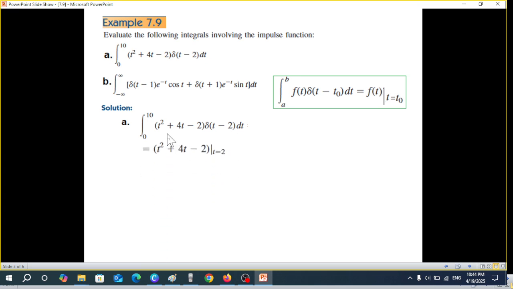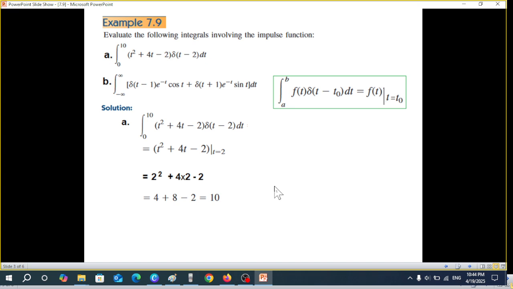So we put the value of t: 2 squared plus 4 into 2 minus 2. The answer is 4 plus 8 minus 2, which is equal to 10. So this is the answer.